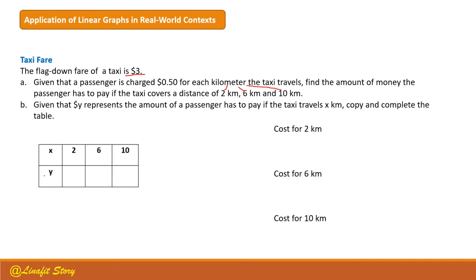Y is the output. So to get the output, y is equal to $3 plus 50 cents times x.